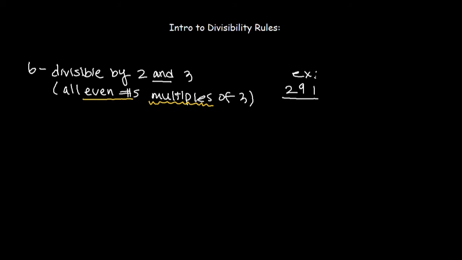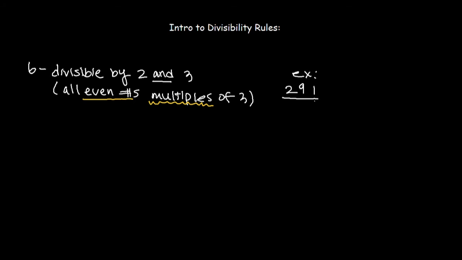So is it going to be divisible by 6? No, it's not, because the qualification is that it must be divisible by 2 and 3. However, is this divisible by 3? Yes, it is, because 2 plus 9 equals 11, and 11 plus 1 equals 12, and 12 is divisible by 3. So we automatically know that this is divisible by 3.